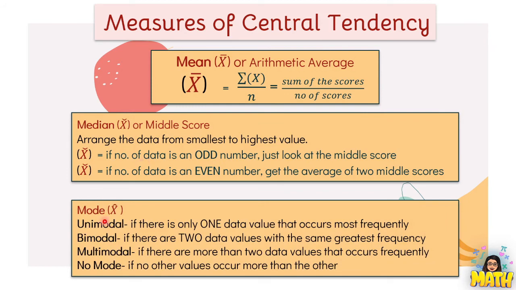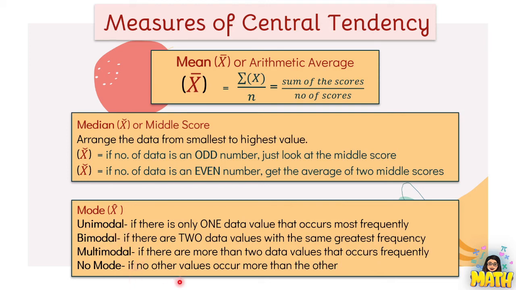And the last one is by looking at the mode. That is the data that occurred frequently. So we can have one data that occurred most frequently. We call it unimodal. Kung meron namang two data with the same greatest frequency, we classify it as bimodal. While kung meron namang more than two data values that occurred frequently at yun na din yung highest frequency, we call it multimodal.